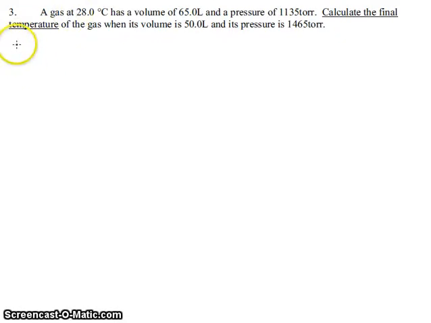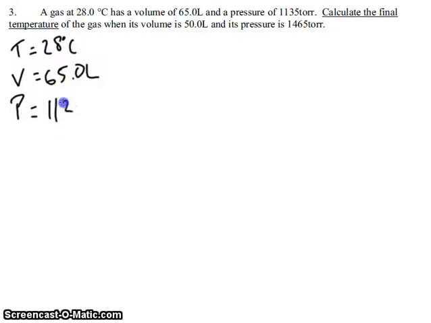So the first thing we encounter is a temperature, 28 degrees Celsius. It has a volume of 65.0 liters and a pressure of 1135 torr. And we were looking for our final temperature. So this is a before and after problem, right? So that means we've got P1s and T1s and P2s and T2s.